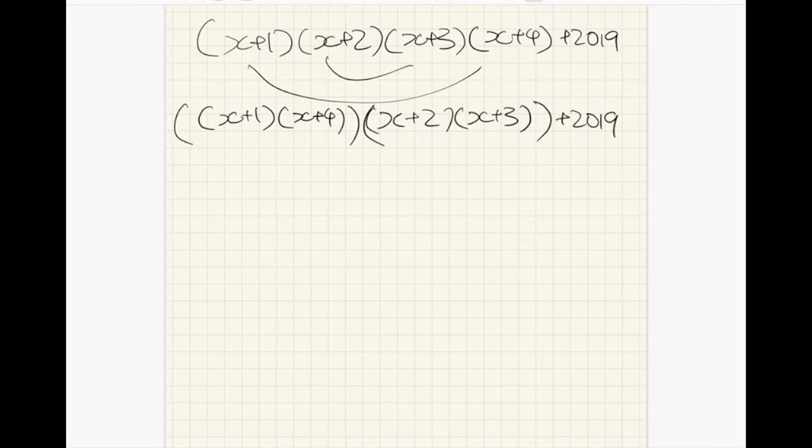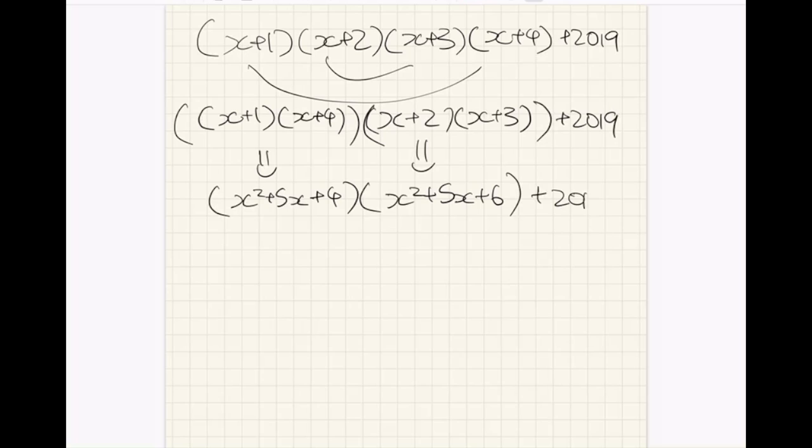So what we see here is this becomes (x² + 5x + 4), multiplied by (x² + 5x + 6), and then finally plus 2019. And if we do some more transformations, we see that this is plus 4, and this part is plus 6, and they differ by 2.